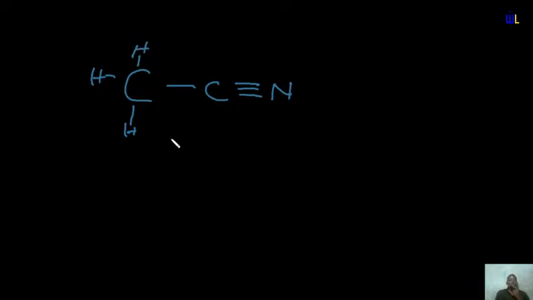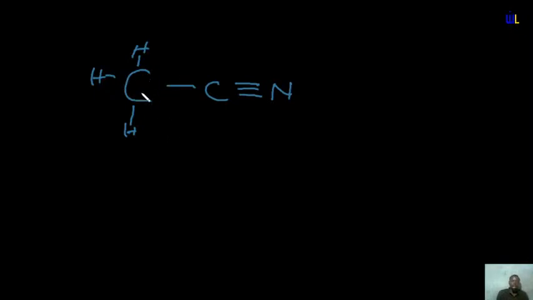Now, to answer the question, acetonitrile. I told you acet simply means two carbon. Then nitrile is a triple bond between one of the carbon atoms and nitrogen. If I fill it with hydrogen, I'll have this. Now, to know the form of hybridization, all we need to do is count the number of atoms.